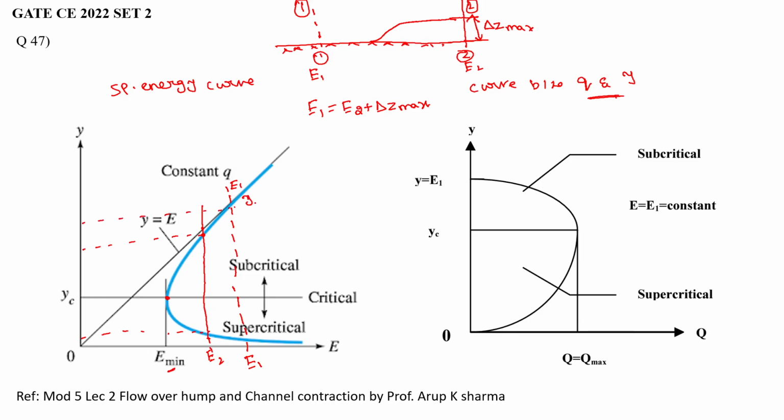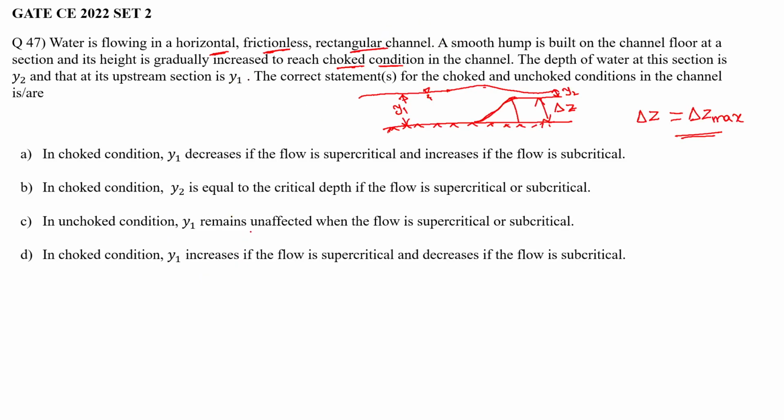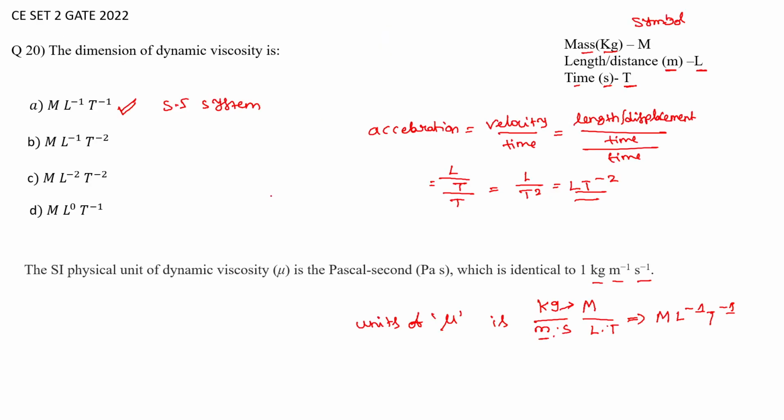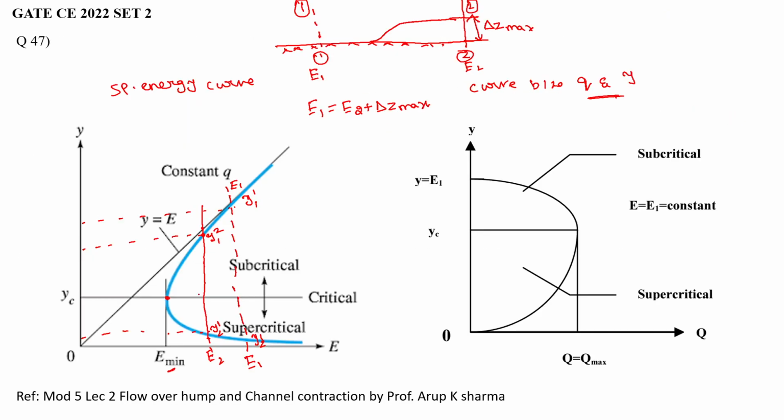Let's say this is Y1, this is Y2, this is Y1 dash, and this is Y2 dash. All of you know that for the same specific energy we have alternate depths. Let me read the options first. There's one term here, choked flow.